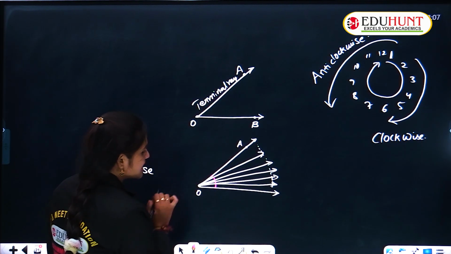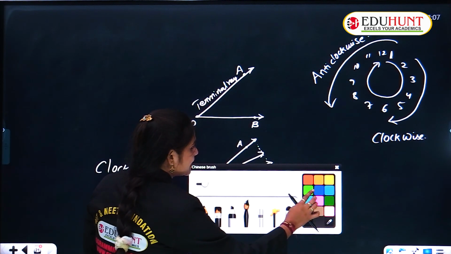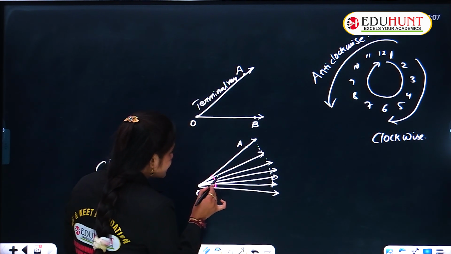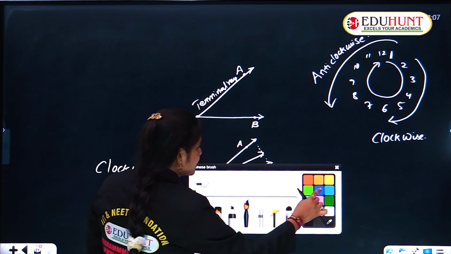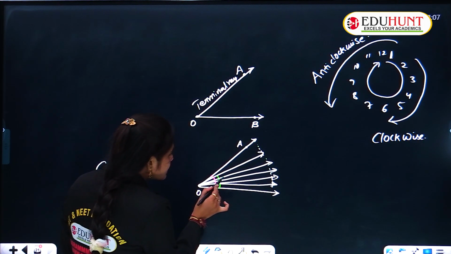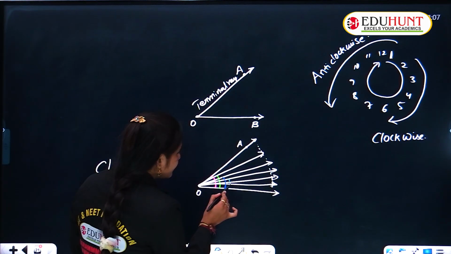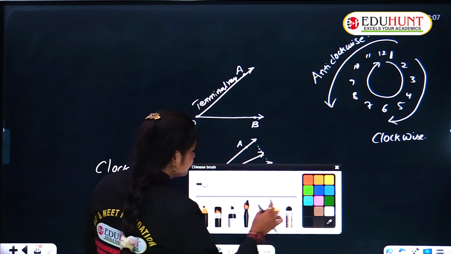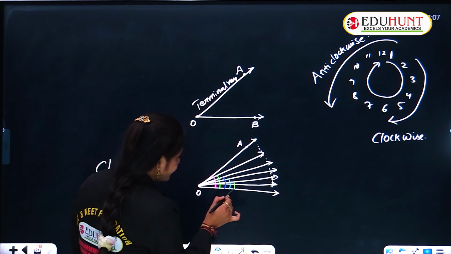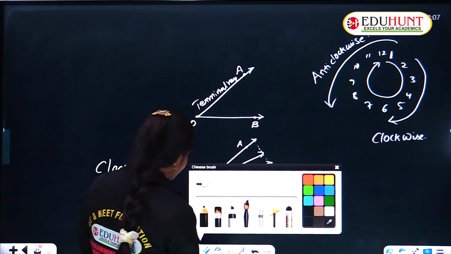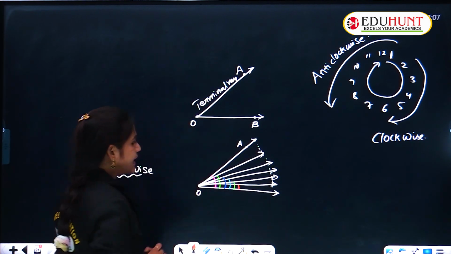Actually this is that first angle. Okay, after it comes like this, then this is the second angle. Next one, see that this is the third angle. This is the fourth angle. Fifth one. This is the final angle.